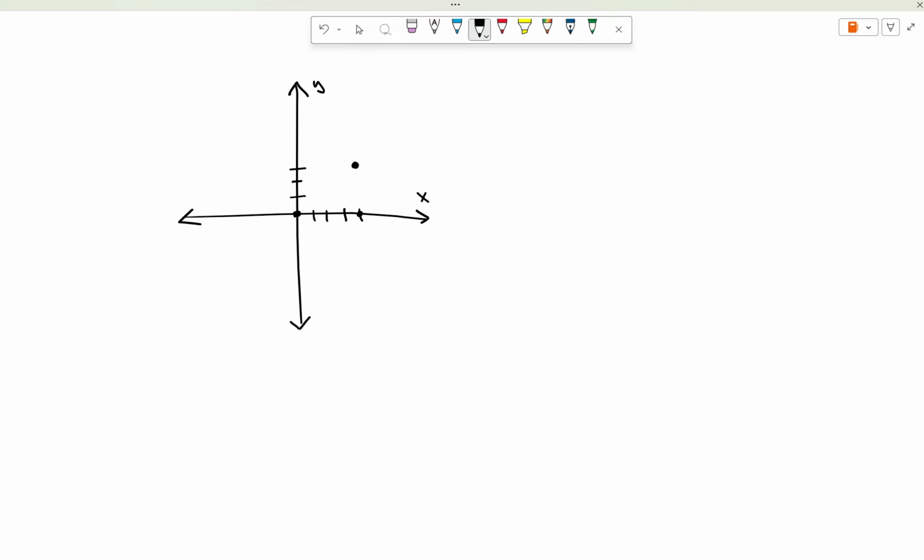I have these 3 points: A, which is at the origin, 0, 0. I have another point up here, which we're going to call B, which is at 4, 3, because this is X, Y. And then I have C, which is on the x-axis, at 4, 0. Now, this of course makes a triangle.